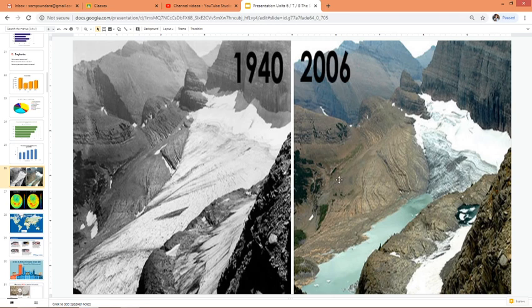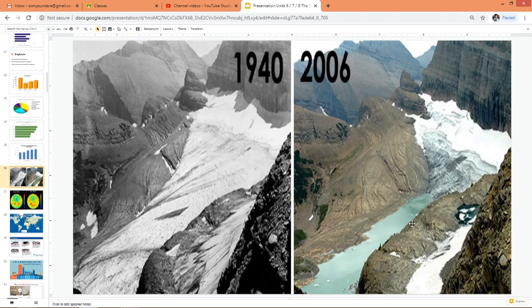What I want you to see is how much climate change, global warming, has affected this glacier. This glacier in about 60 years has lost over 75% of its ice mass. Okay.